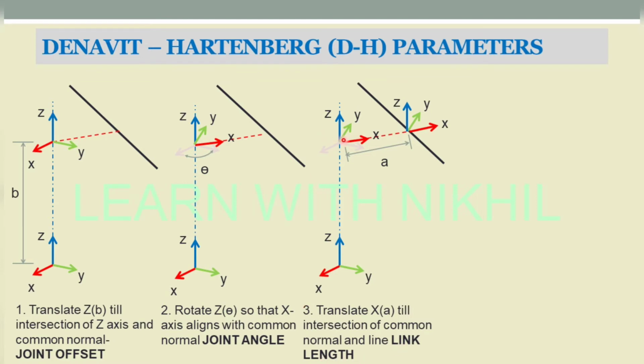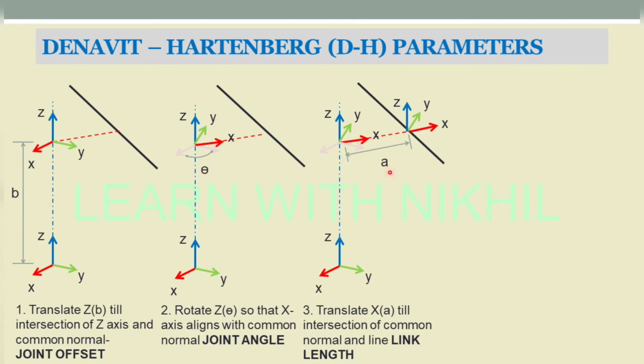As you know, this is one link and this is another link, so the distance is nothing but the link length. So we have translated along the X axis till the intersection of the common normal and the line, and that distance is called the link length. So this is the first parameter, that is B. This is the second parameter, theta.